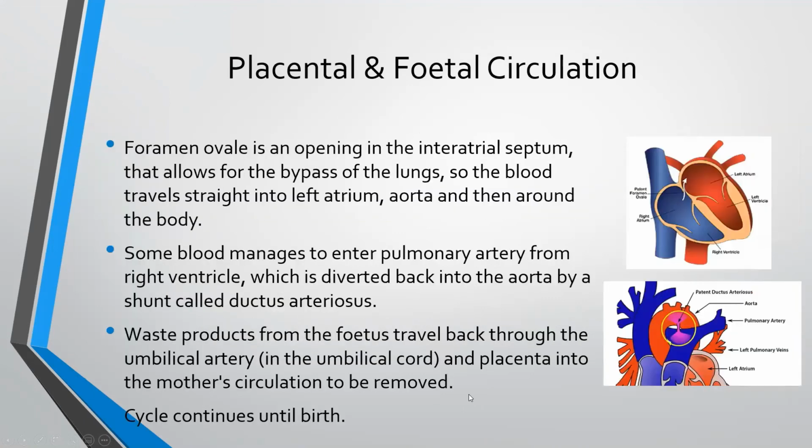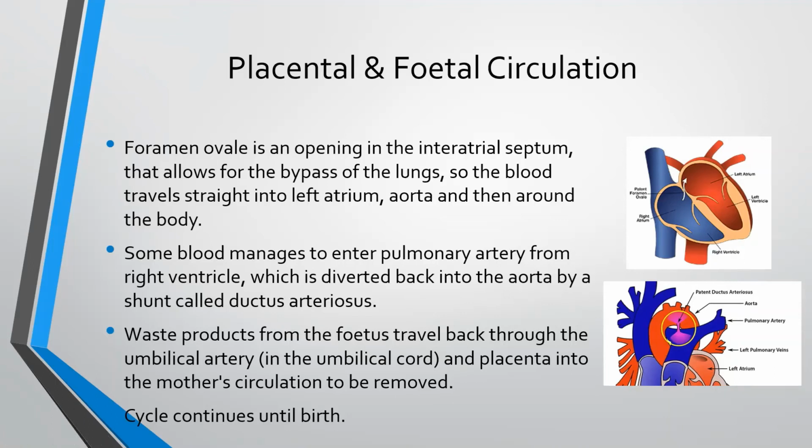So the foramen ovale, like I said, is an opening in the interatrial septum, and it allows for the bypassing of the lungs. When the mixed blood enters into the left atrium, it then moves into the left ventricle and is then pumped around the body through the aorta.